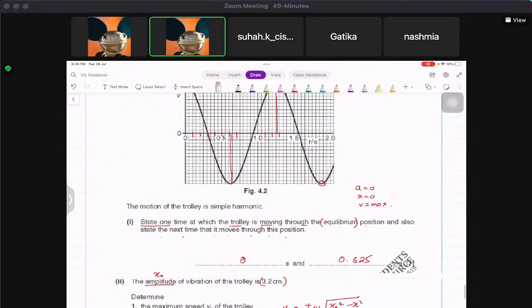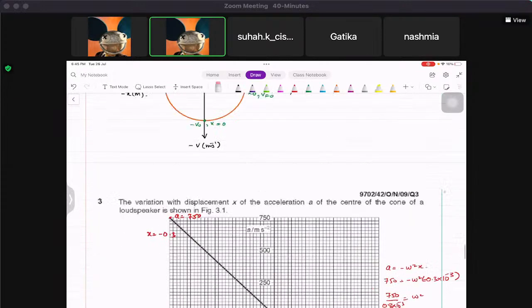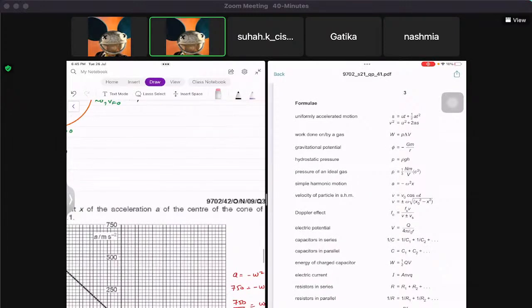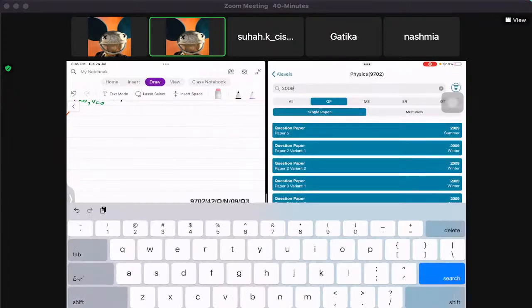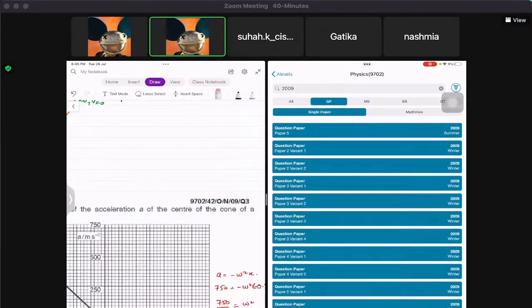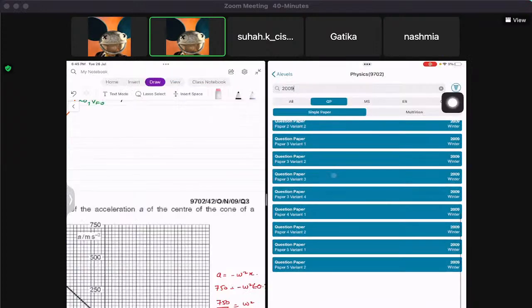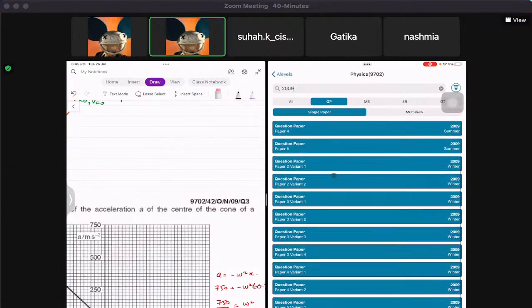So this is October, November 2009, winter 2009 variant 42.